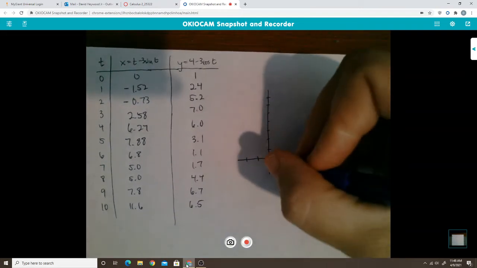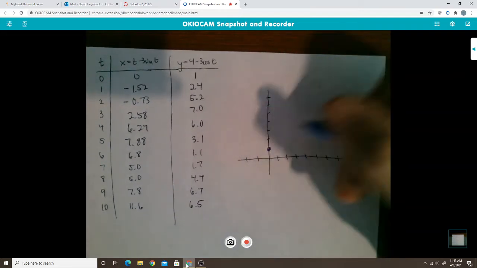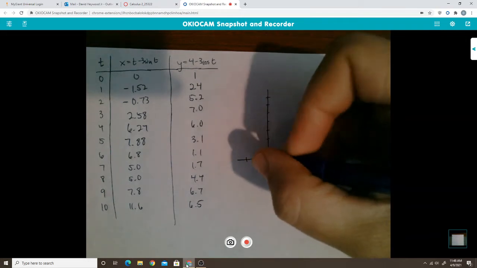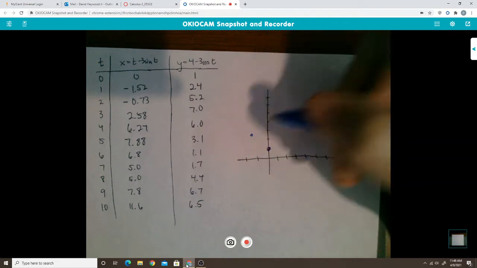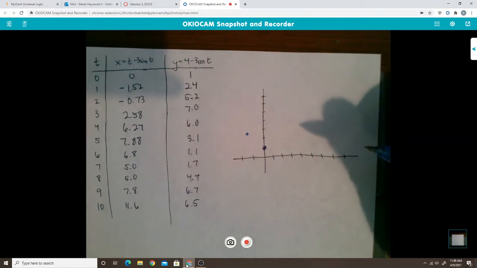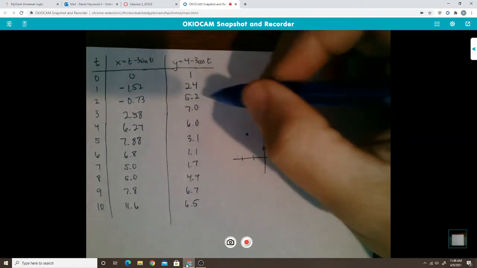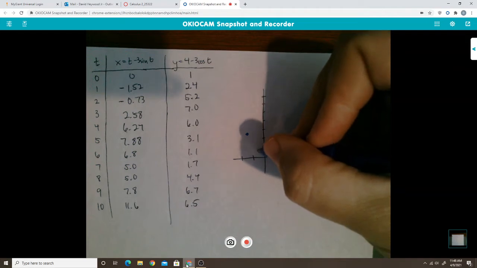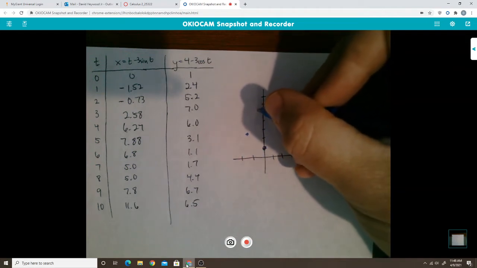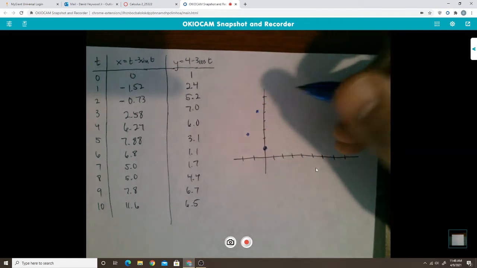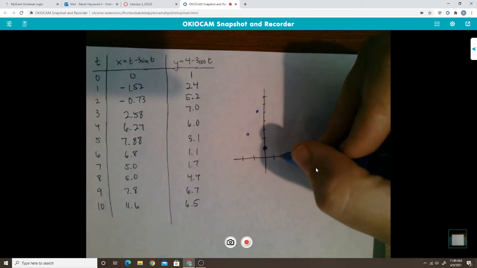Okay, so 0, 1, negative 1.5, 2.4. So obviously I'm not going to be able to get super accurate anyway. Negative 7.3 and 5.2. So something like that. 2.58, 2.5, 7.